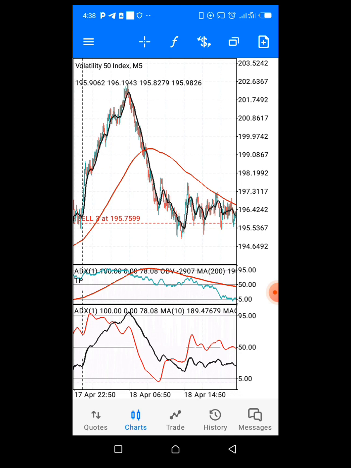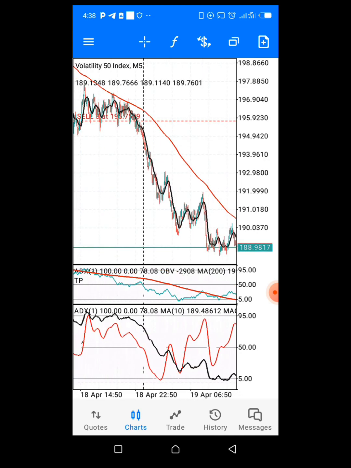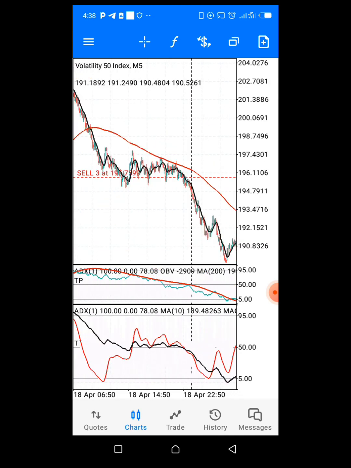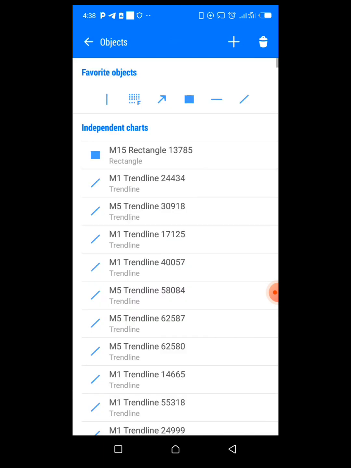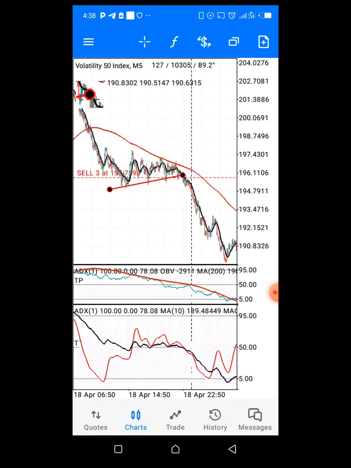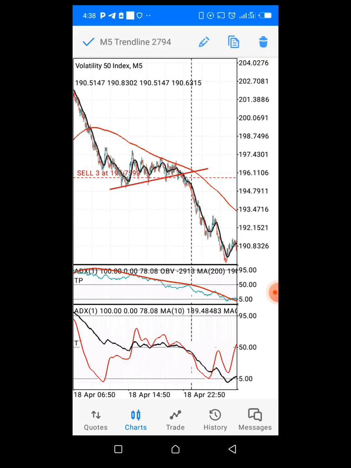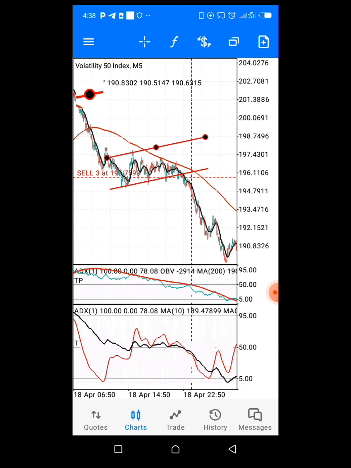So what enabled me to take this trade was I brought in another line out, and the market was making the same angle pattern, triangle pattern. So I waited for a breakout.